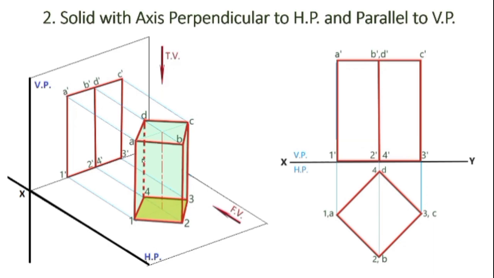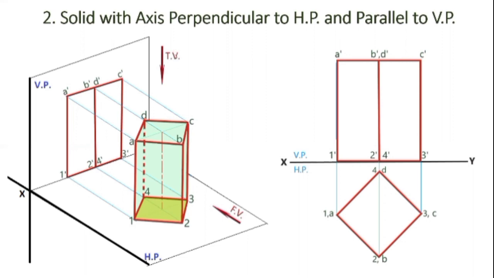When we extend the projection on the vertical plane, we get a rectangle. In this rectangle, we can see the three vertical edges, and the horizontal square will appear as a straight line. So the front view we get is a rectangle.